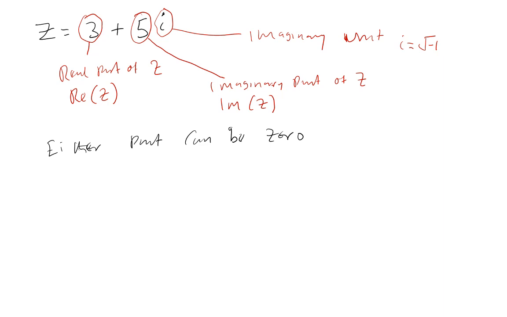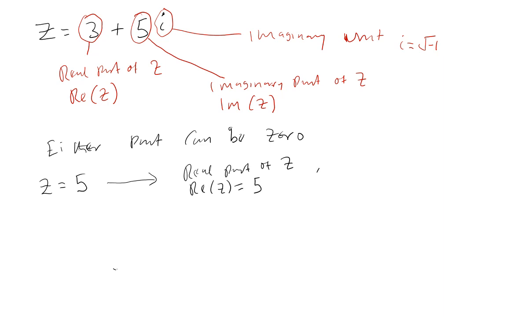Another example of a complex number: suppose z is equal to 5. If you look at this complex number, the real part, that is the part without this I, is 5. So Re of z is equal to 5.